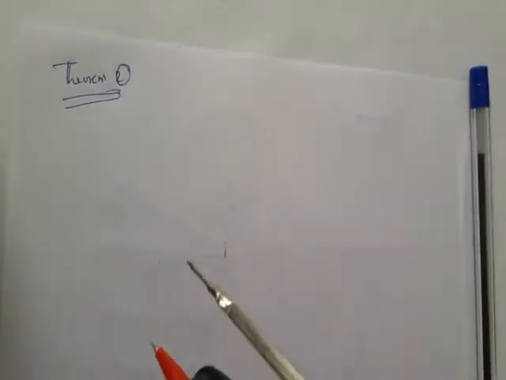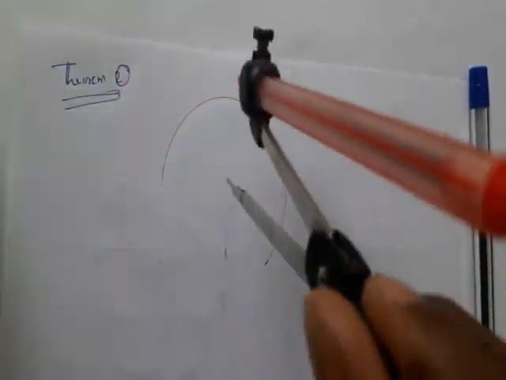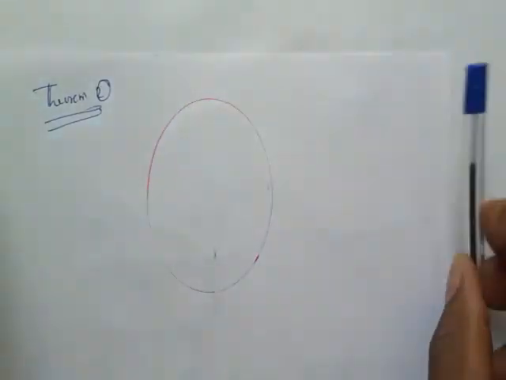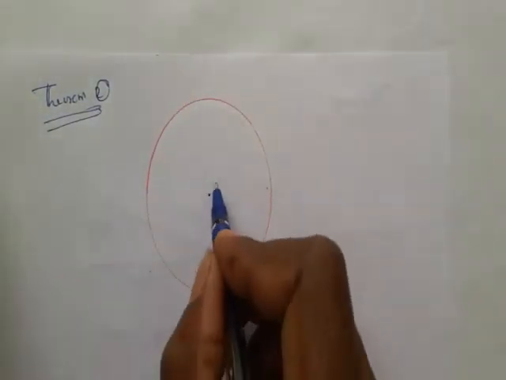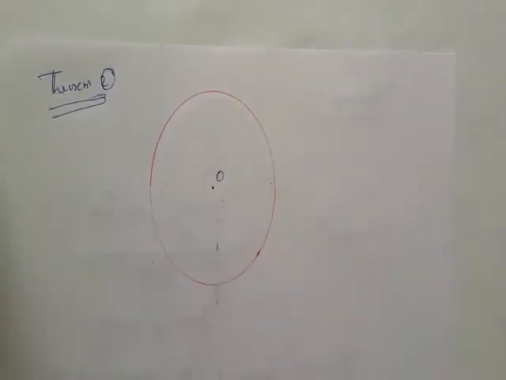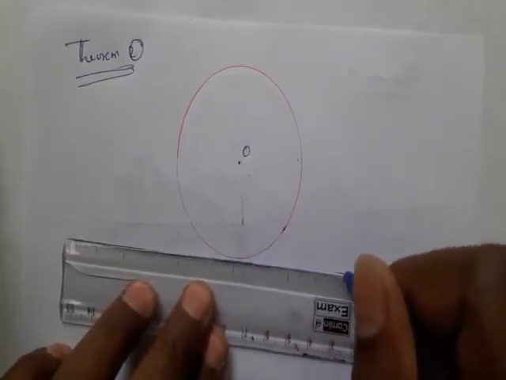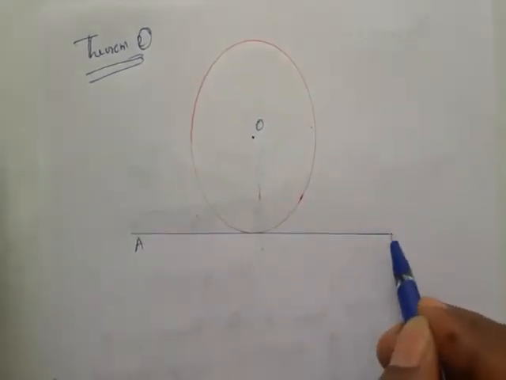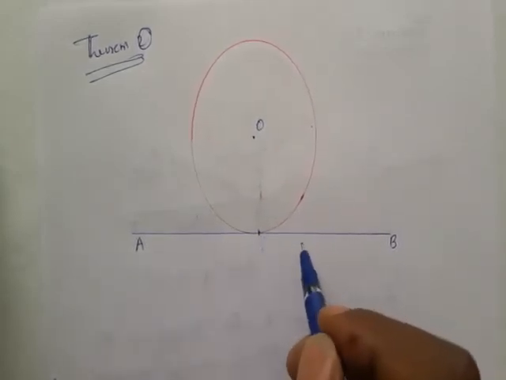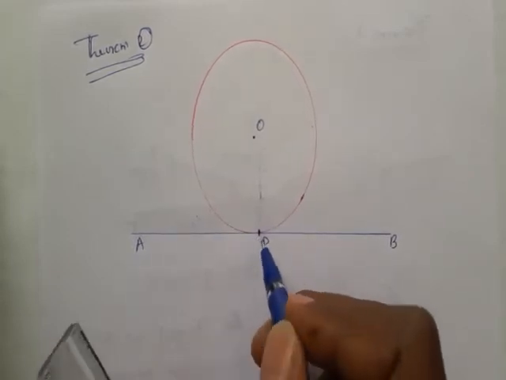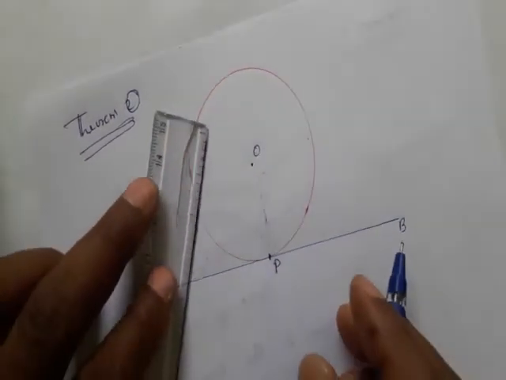The same tangent chapter. Center of the circle. Here I draw one tangent. So it is a tangent. I name this tangent as AB. The tangent meets the circle at one point, that one point I mark as P. This P is called the point of contact where the tangent meets the circle.